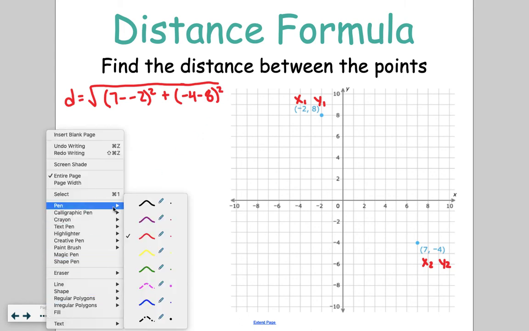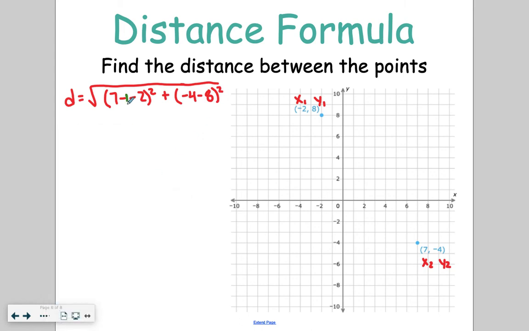Again, we have a double negative equals a positive situation. So I've got my distance is equal to the square root of 7 plus 2 is 9. 9 to the second power is 81. Plus negative 4 minus 8 is negative 12. To the second power is positive 144, because negative 12 times negative 12 is positive 144.